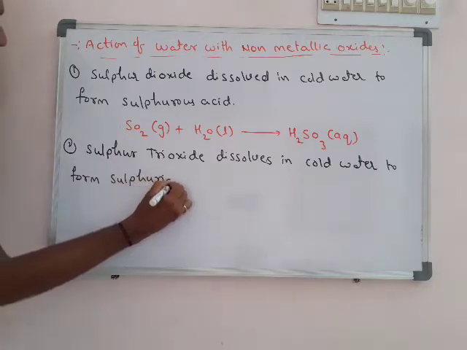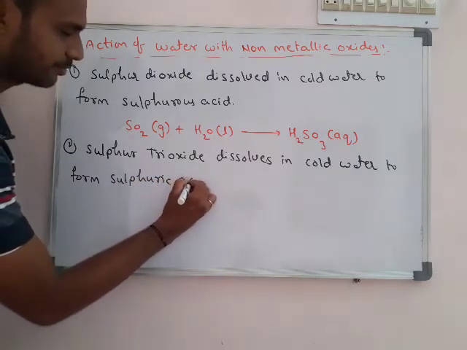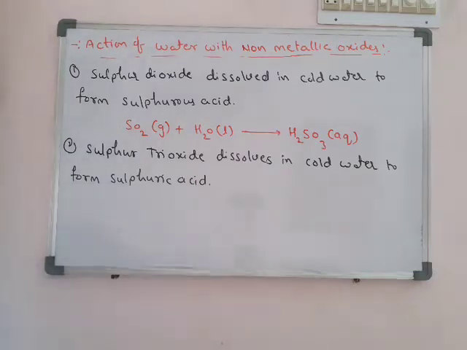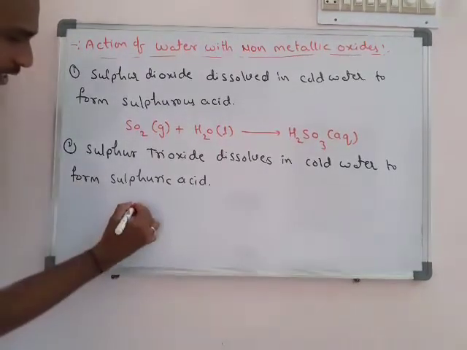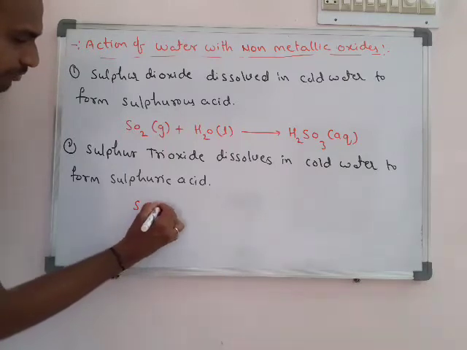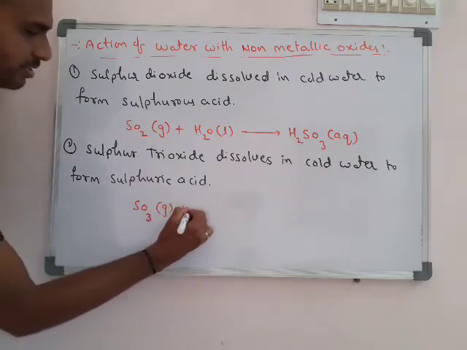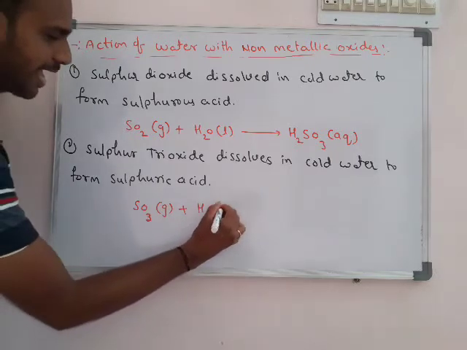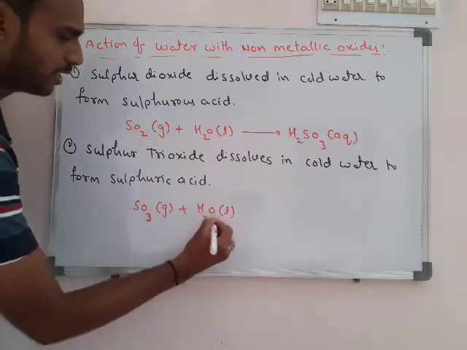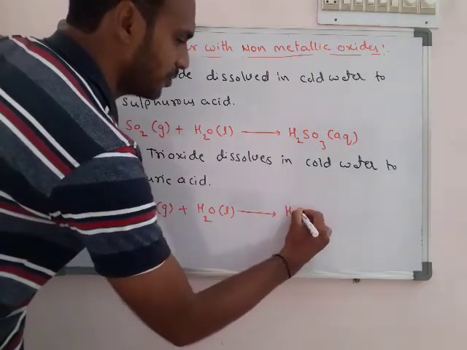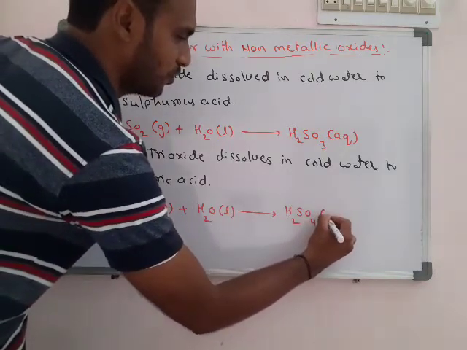Just now we said the formula. Sulphur trioxide, SO3, is also in gaseous state, reacting with cold water and forming sulfuric acid, H2SO4.